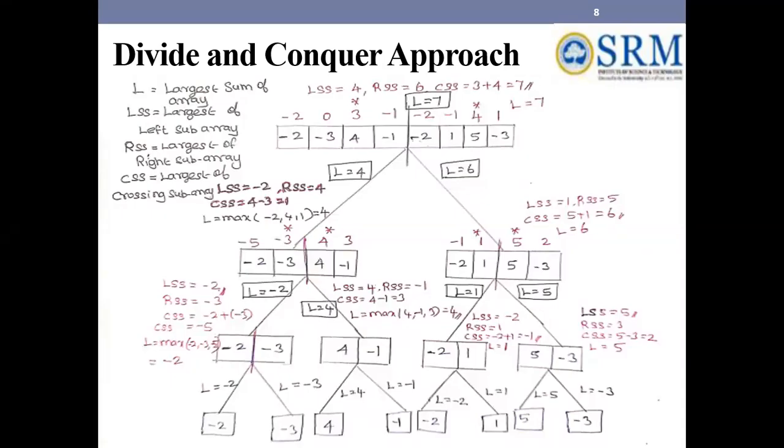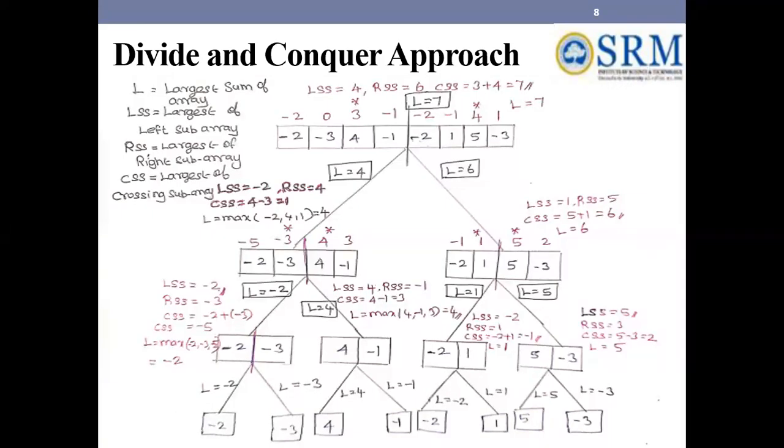LSS is the largest of the left subtree, that is -2. RSS is the largest of the right subtree, that is -3. So L is considered as the LSS for the parent node. On the right side, L is -3, that is considered as the RSS, the solution of the right subtree for the current node, -2, -3. Then how do we find CSS?